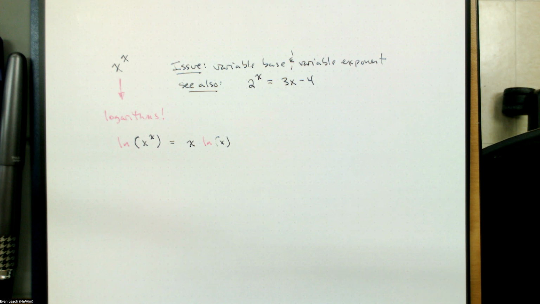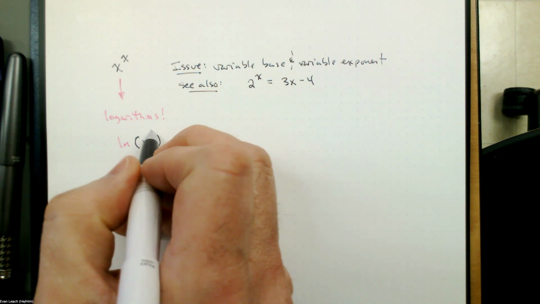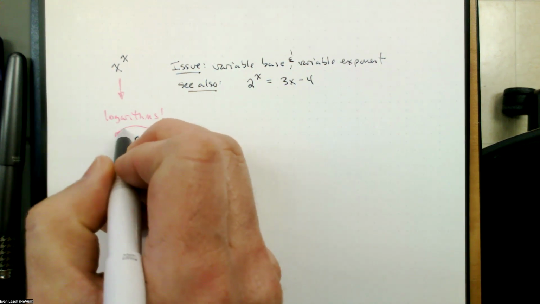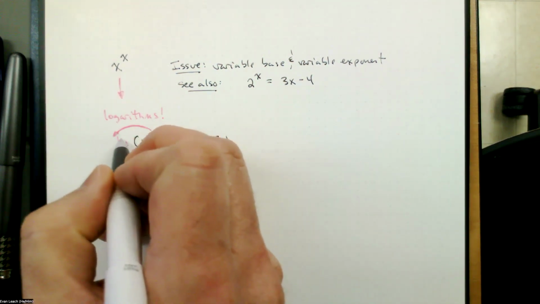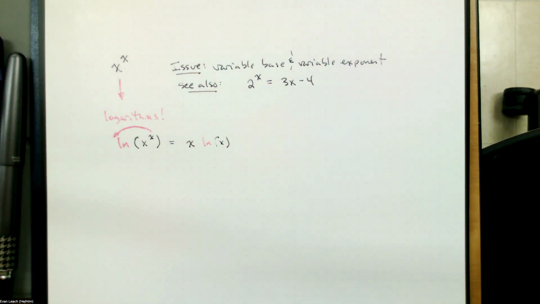Properties of logarithms have that the natural log of a power is a constant times the natural log. This isn't doing funky derivative stuff. This is just properties of logarithms.